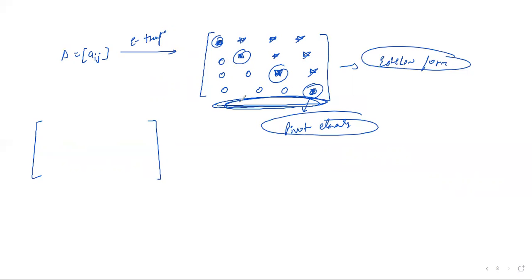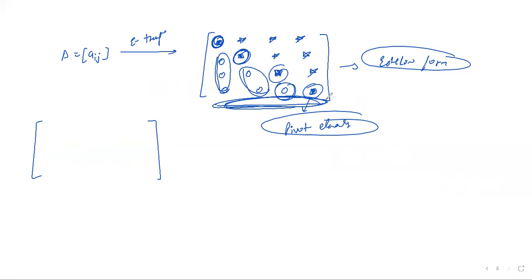Or all entries in a column below a leading entry are zero. This is my leading entry, this is my pivot column, and all the entries below it in the column are zero. Similarly here, and for this one we have this entry as zero. So this is my echelon form.